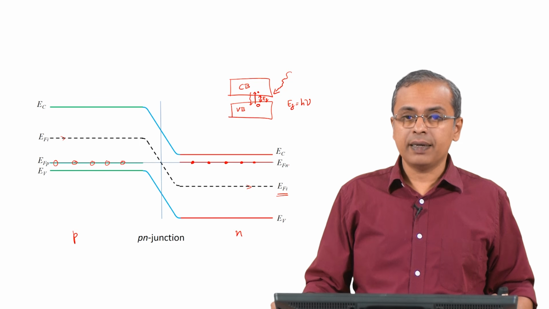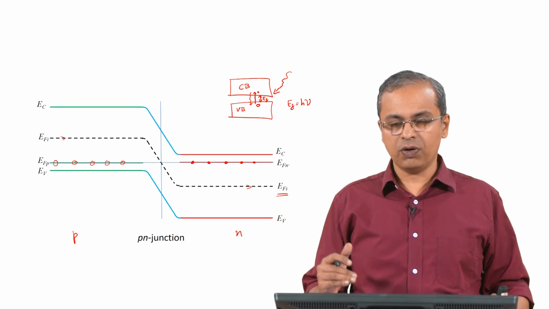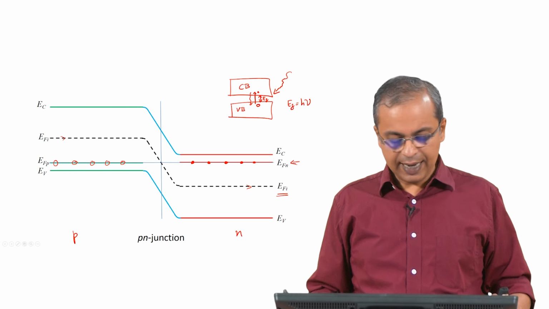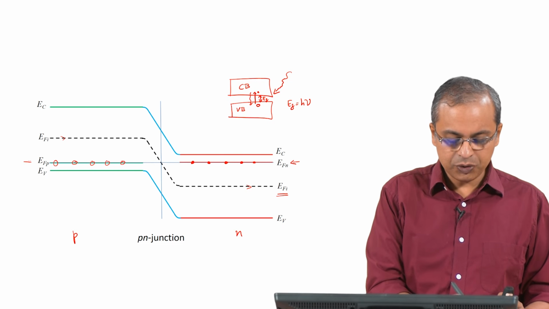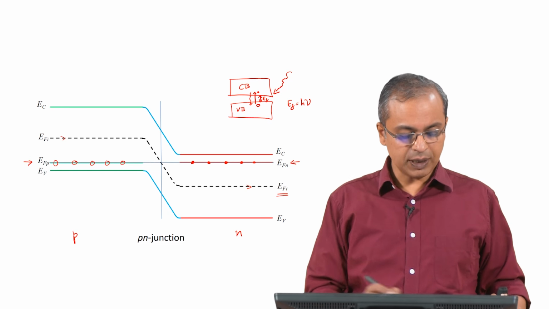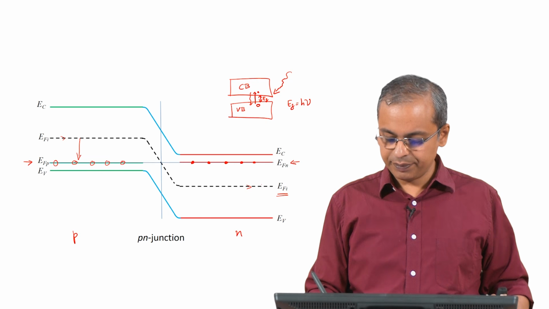Now, given the way the Fermi energy is defined, the Fermi energy of the n side of the sample moves to this donor level, and the Fermi energy on the p side moves to this acceptor level. So, on the p side the Fermi energy came down, on the n side the Fermi energy went up.